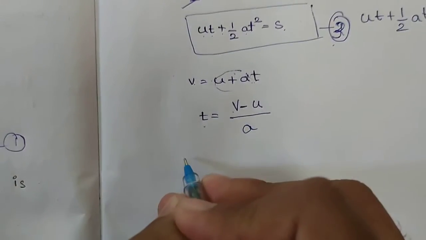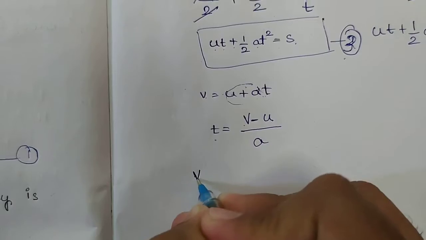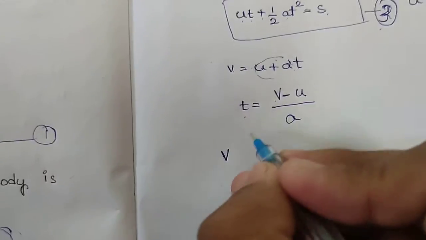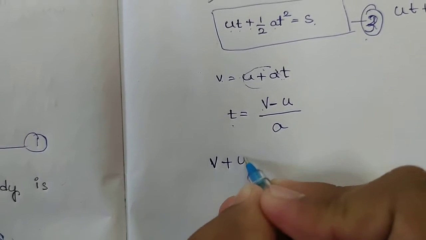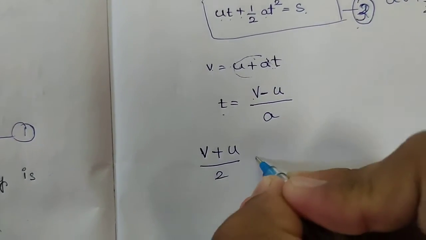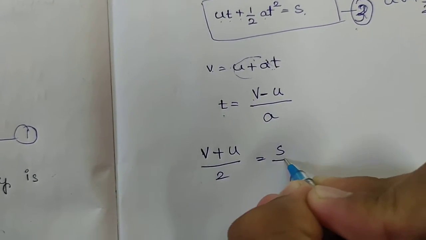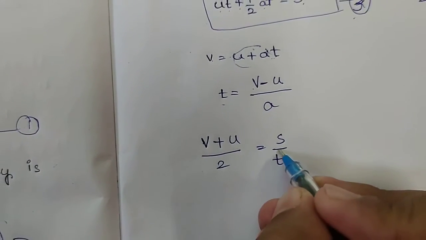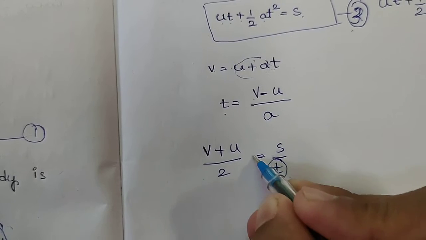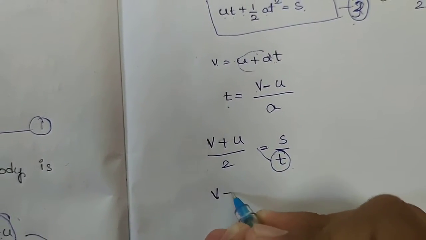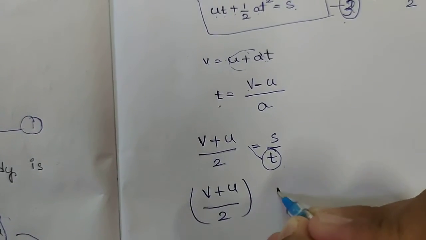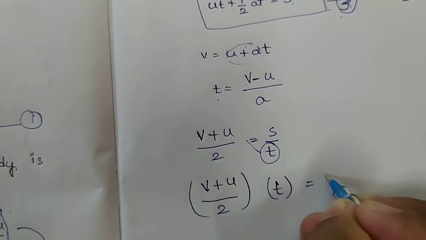So now what I'll do is I'll write equation 2. Over here I have equation 2: v plus u divided by 2 is equal to s by t. In this equation 2, I'll shift this t over here. So I'll have v plus u divided by 2 into t is equal to s.